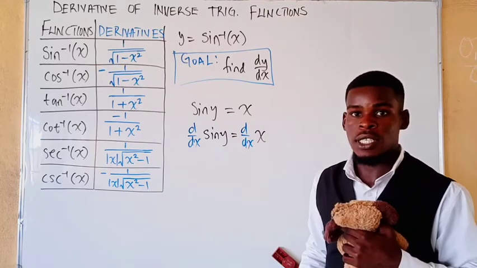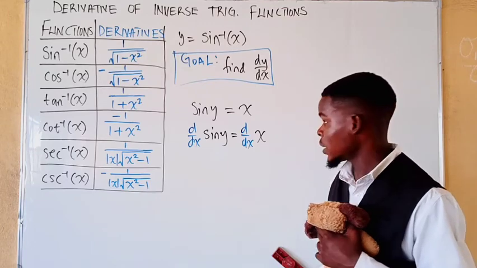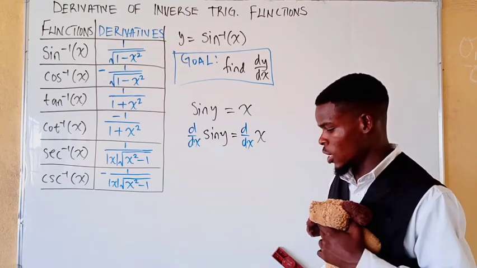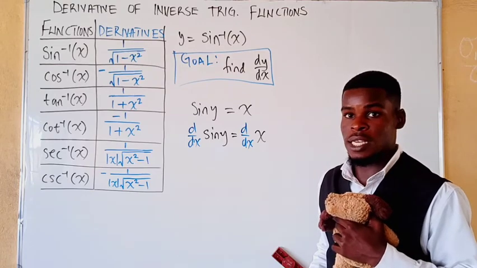When we differentiate sine y with respect to x, notice that y is a function of x, so we use the chain rule, just as we differentiate an implicit function.